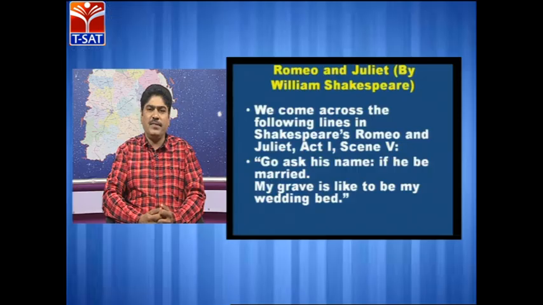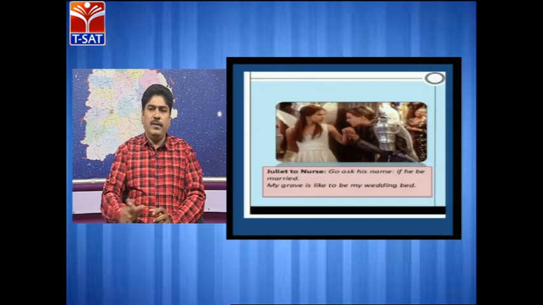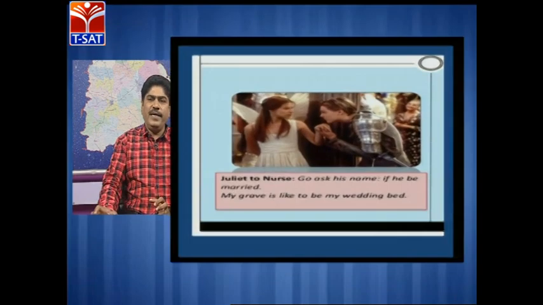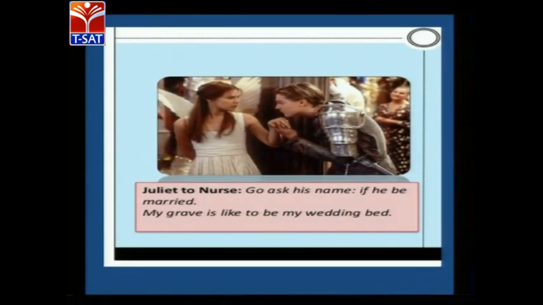And you observe in Romeo and Juliet, in literature also you come across this irony, dear student teachers. In Romeo and Juliet, Act 1, Scene 5, Juliet says, go ask his name. If he be married, my graveyard is like to be my wedding bed. Juliet says these words to the nurse, go and ask his name.